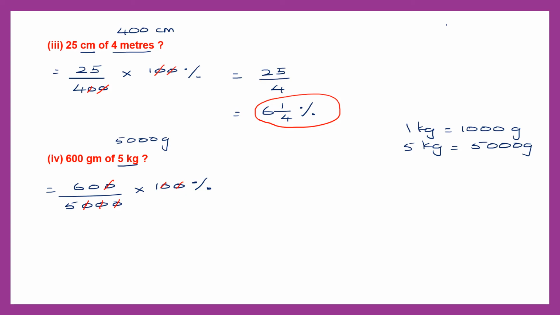So let's write that. So this is 60 by 5. And so now let's divide 60 by 5. We know that 12 5s are 60. So 60 divided by 5 is 12. And since we're converting to percent, we need to put the percentage sign. So this is our final answer for question 4.